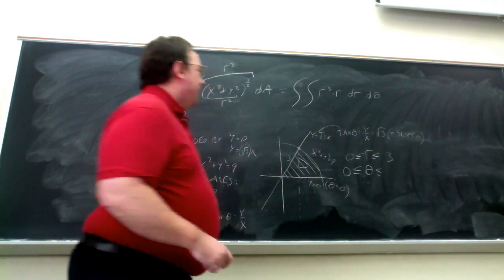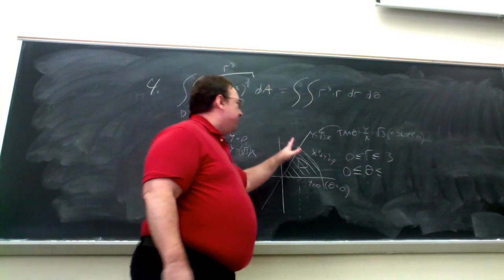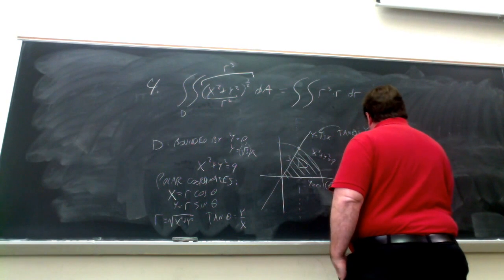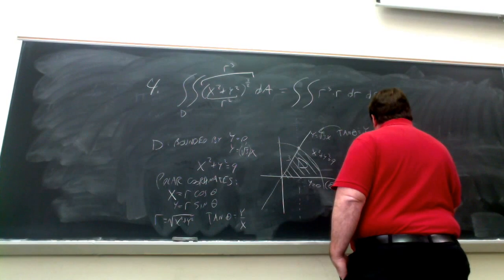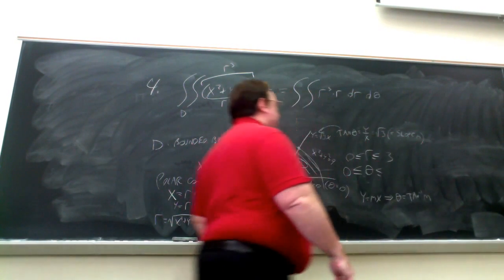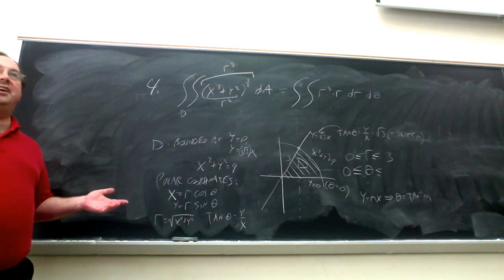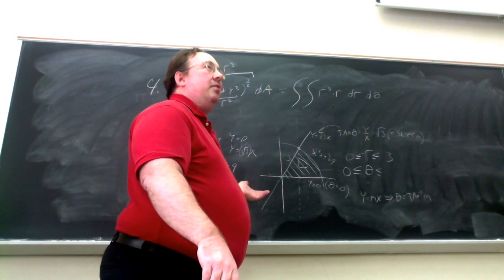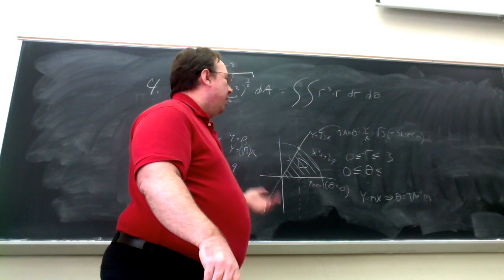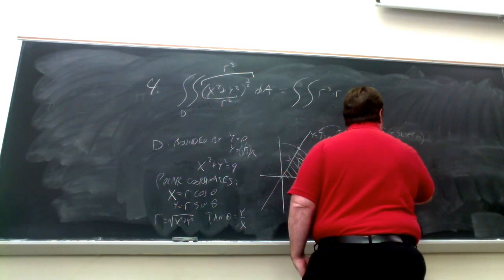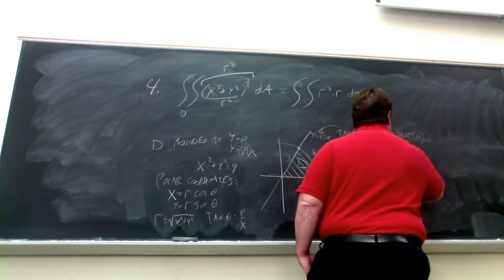So if you have some boundary of your region that's a line, y equals mx, in polar coordinates that means theta is equal to arctangent of whatever your slope is, m. For instance, if this had been a line y equals x, then theta equals pi over 4, because that's arctangent of 1. But here our upper limit is going to be arctangent of the square root of 3.